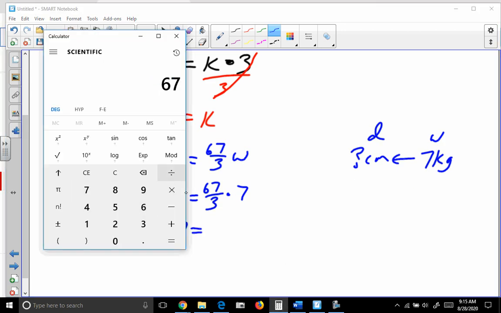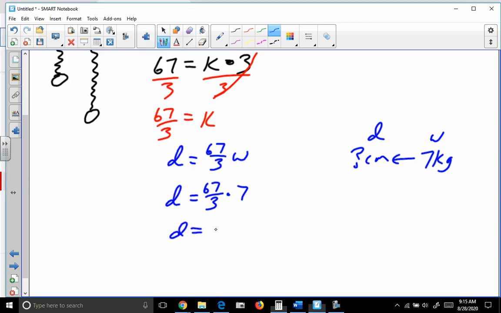So 67 over 3 times 7 is about 156.3, or 156.3 repeating. So that's how far our spring would stretch if we put 7 kilograms on it.